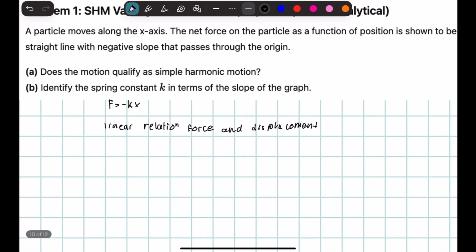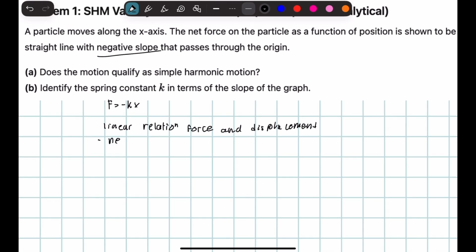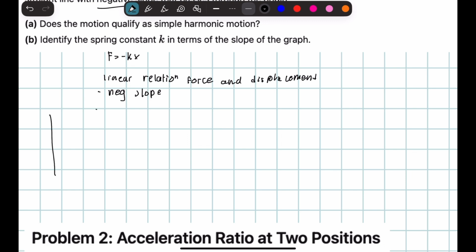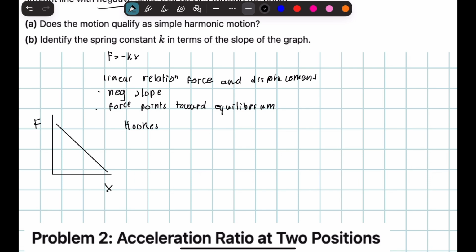We also know that we have a negative slope. And so we can draw that here: force, that's the displacement, F against x, and the force points toward equilibrium. And this matches Hooke's law exactly.